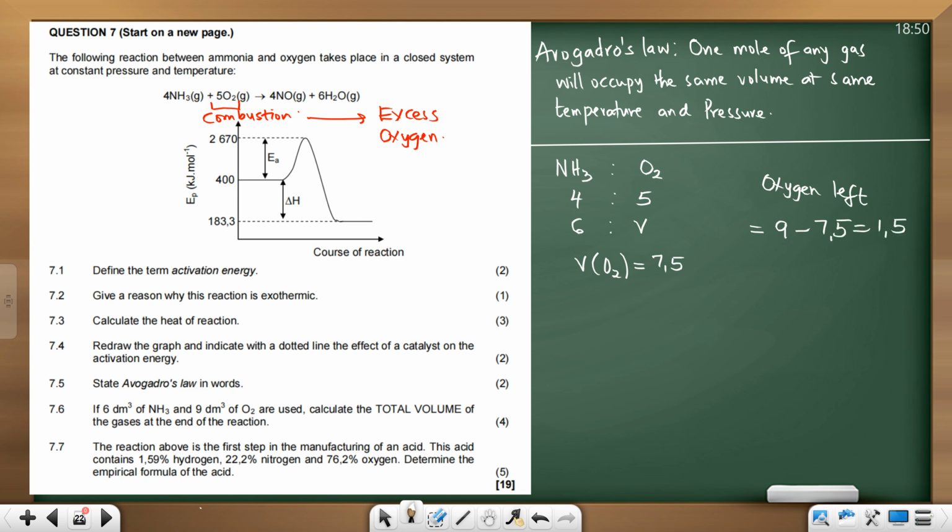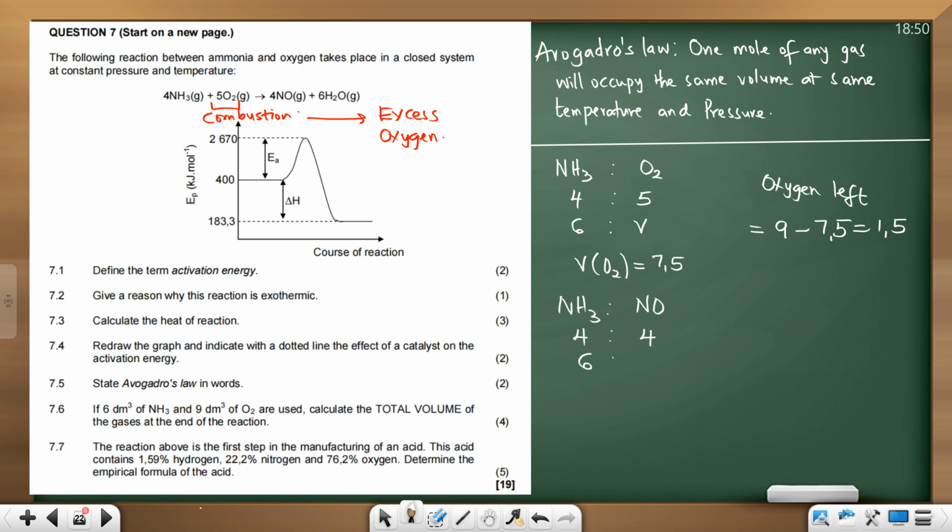That is 6 moles has reacted with 7,5 moles. Out of 9, we are left with 1,5. Then we go to, last week I used a table. Okay, 4 to 4 mole ratio.